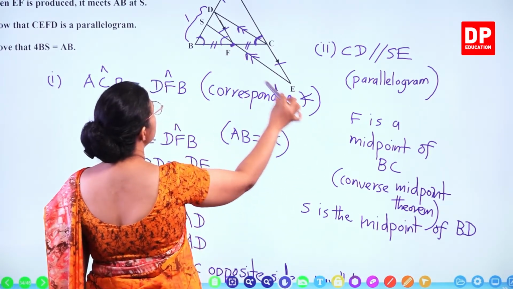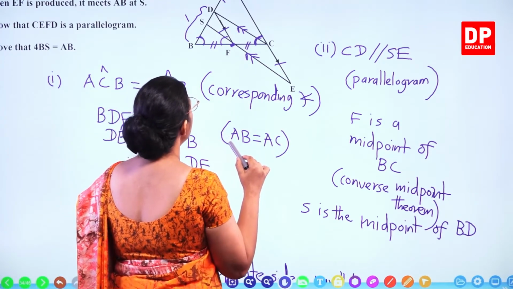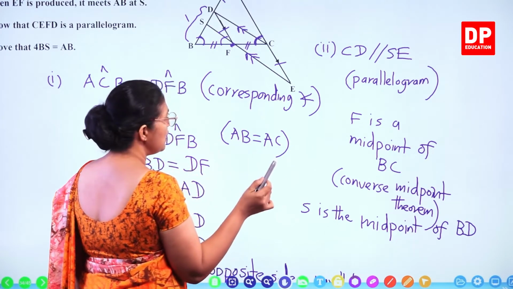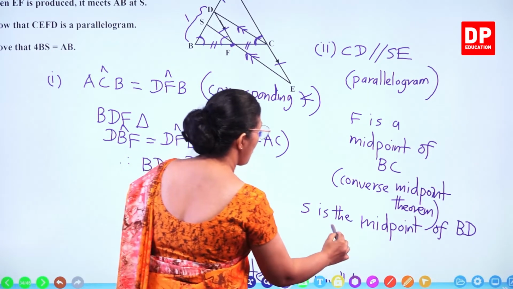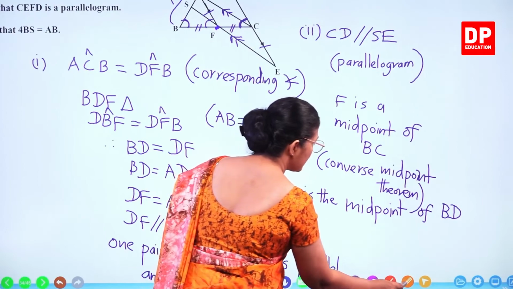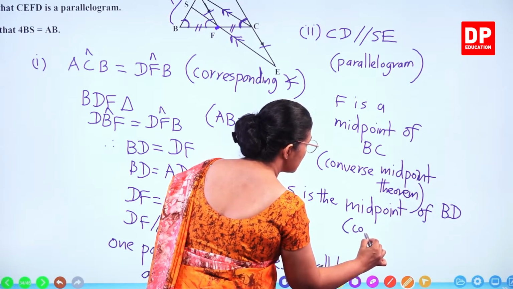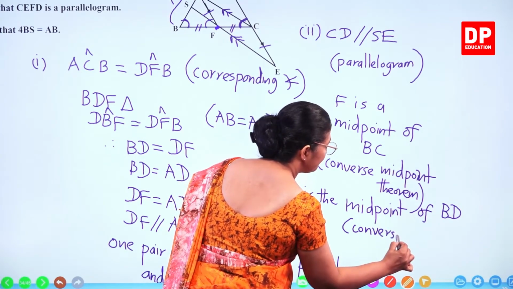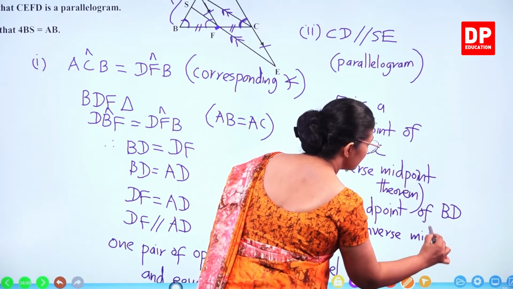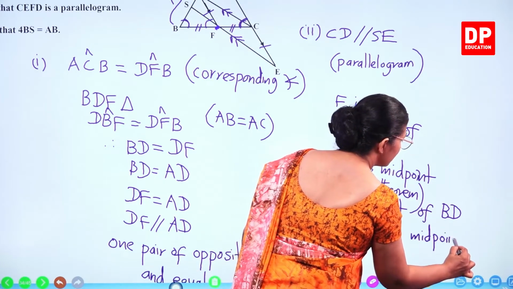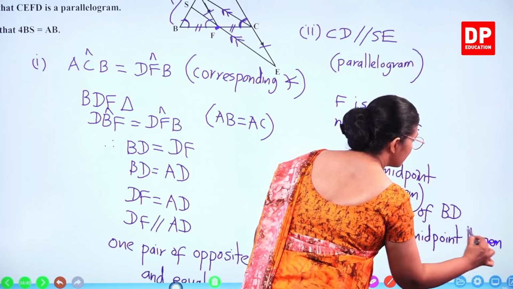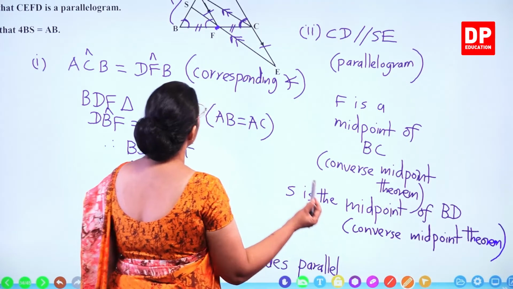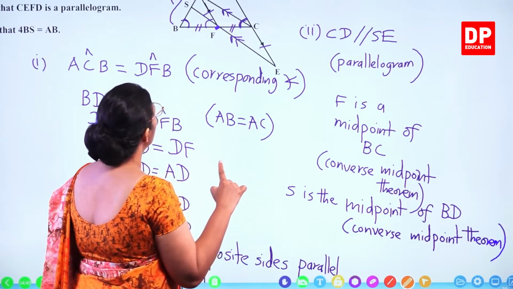This line SC is parallel to this one, as well as F is the midpoint. So because of converse, again you can write the same thing, converse midpoint theorem. So S is the midpoint of BD.